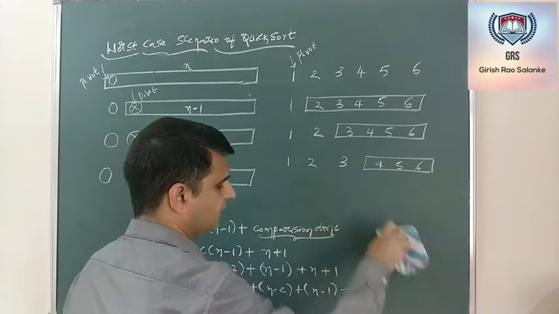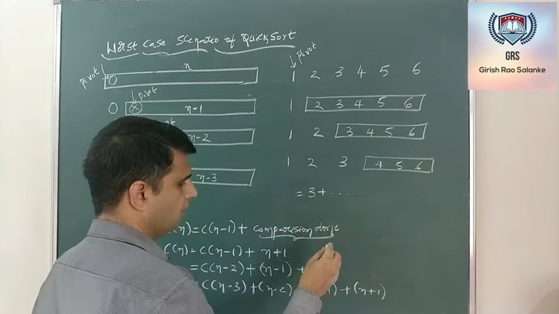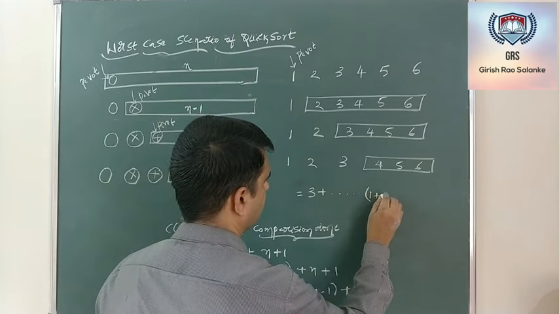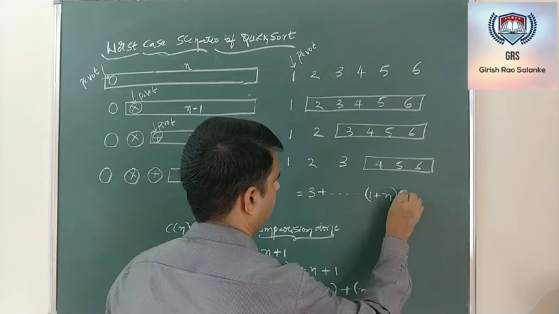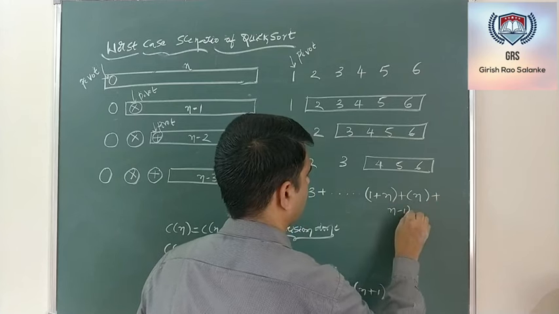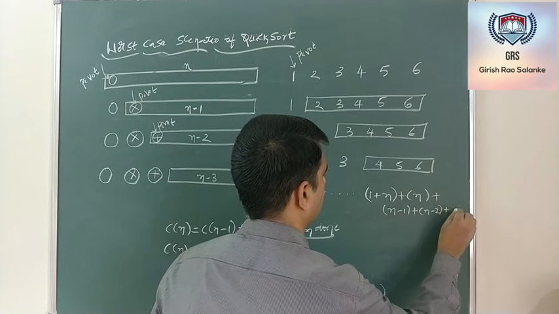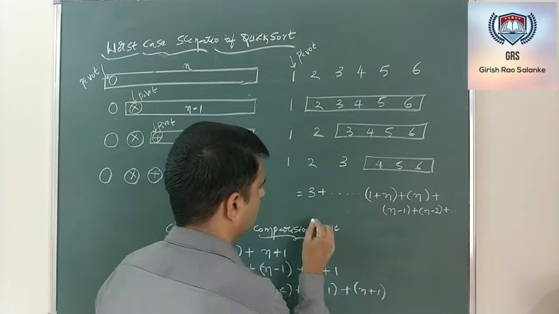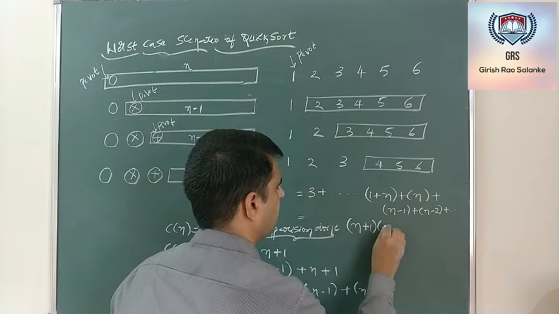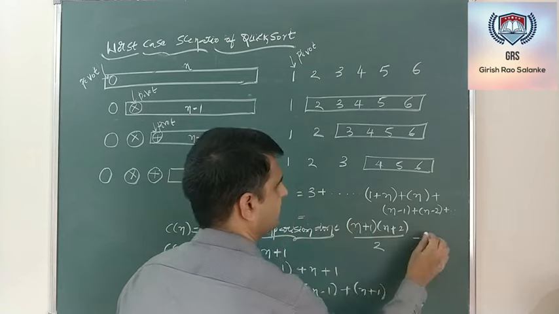So I can write this as 3 plus so on, and this is 1 plus n plus n minus 1 plus n minus 2 and so on up to 1. So this is n plus 1 into n plus 2 whole divided by 2 minus this 3.